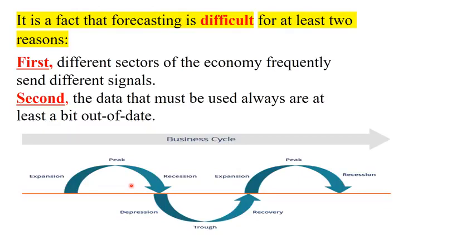Everything becomes good until they reach expansion again. The producers are always able to earn a certain amount of profit, so they keep increasing, recover, and start the phase of expansion. The business cycle gets completed then.